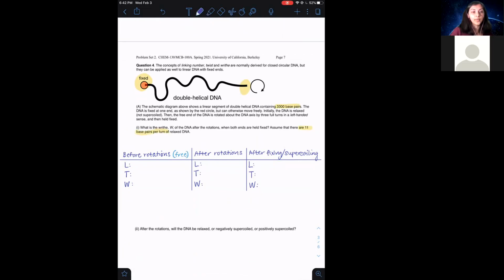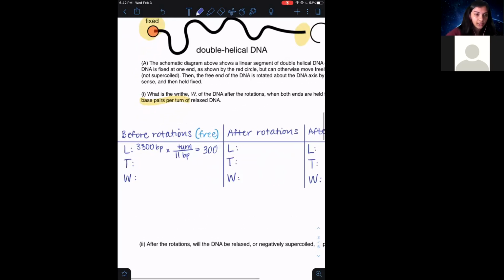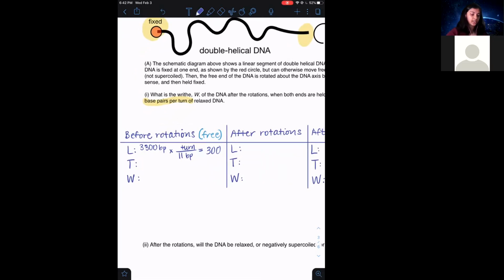So the way that we can calculate linking number initially is just by dividing by the base pairs per turn ratio. There are 11 base pairs per turn. That would mean that there are 300 turns total, and that would mean that the linking number is 300.